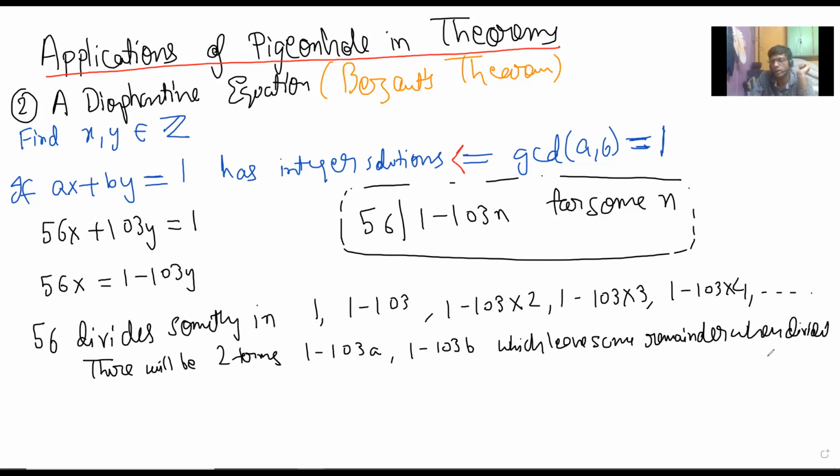This is the same principle that we had used last time when we were trying to prove some other divisibility results. So what does this now mean? This means that 56 divides this thing.